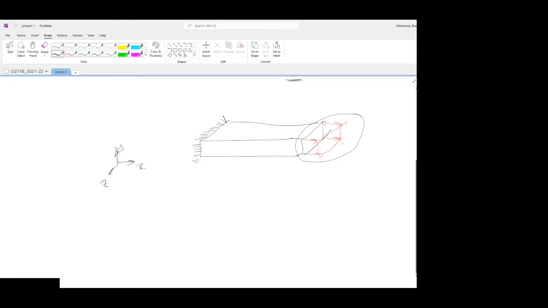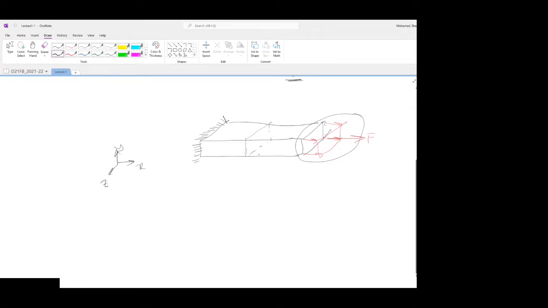Let us assume that the resultant is going to be, again, some F. So this is F. It represents the resultant of this force. And then you have the cross-section area for this cantilever.